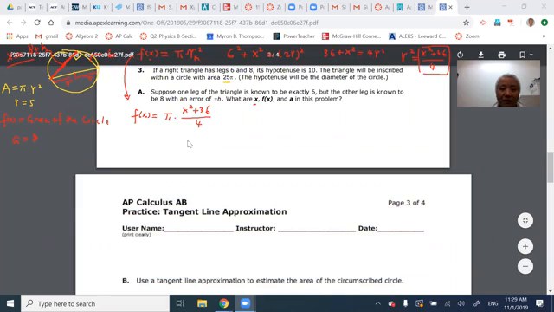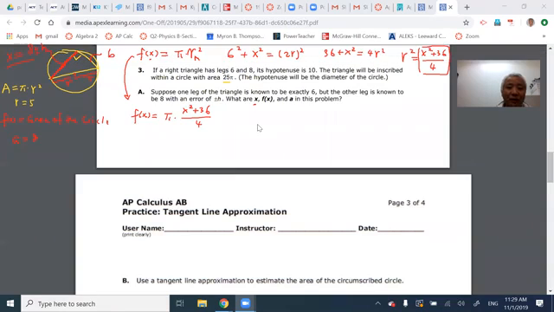For part A, we already found x, a is 8, and f(x) is this. We finished A already. Now we go to B.